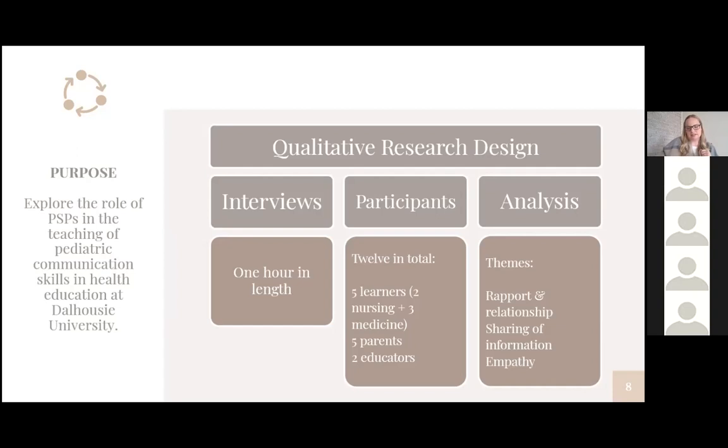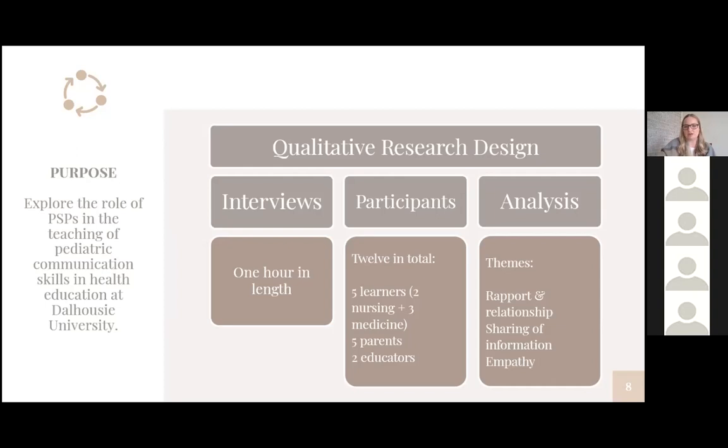The participants in my study, I did get 12 in total, which I was very happy with. 5 learners, 2 were specifically from nursing and 3 were from medicine. I was able to recruit 5 parents, so the parents of pediatric simulated patients from our parent taught program, and 2 educators who work within pediatric programming.